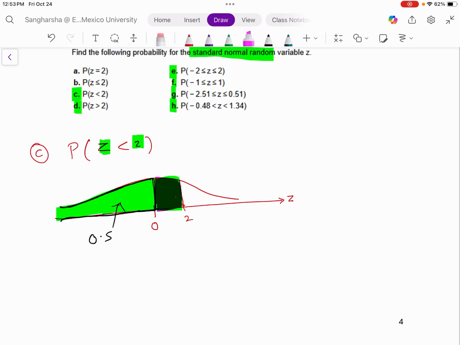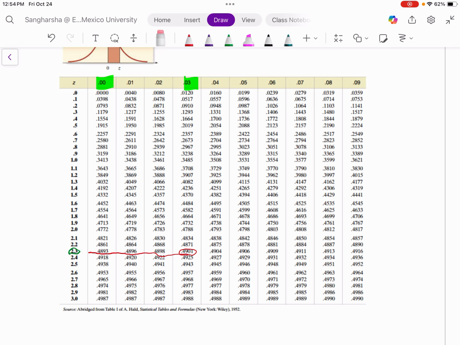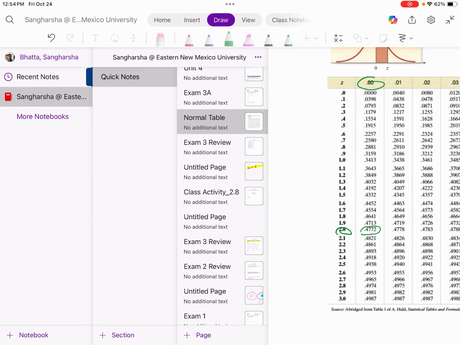So we look for 2 in our G table. 2 is the same as 2.00, and that gives 0.4772.